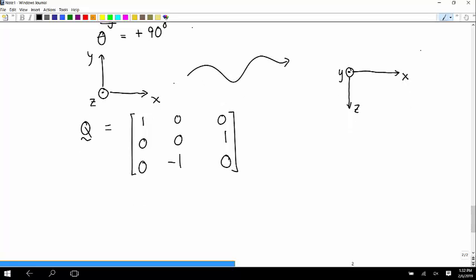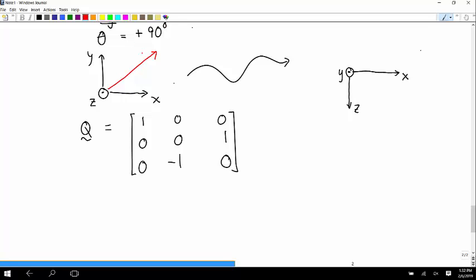Now let's do this with a vector that's at a 45-degree angle.